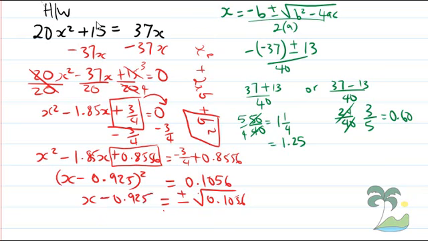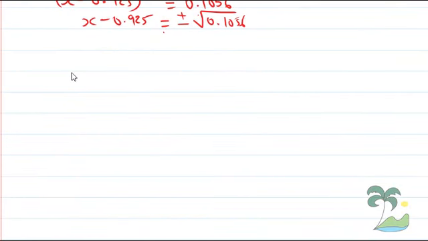Now basically we've reached our solution, and your answer could either be x minus 0.925. Hold on, no, I want to just do it like this. X is equal to, if I send this to the other side, I have to add 0.925 on both sides, right?